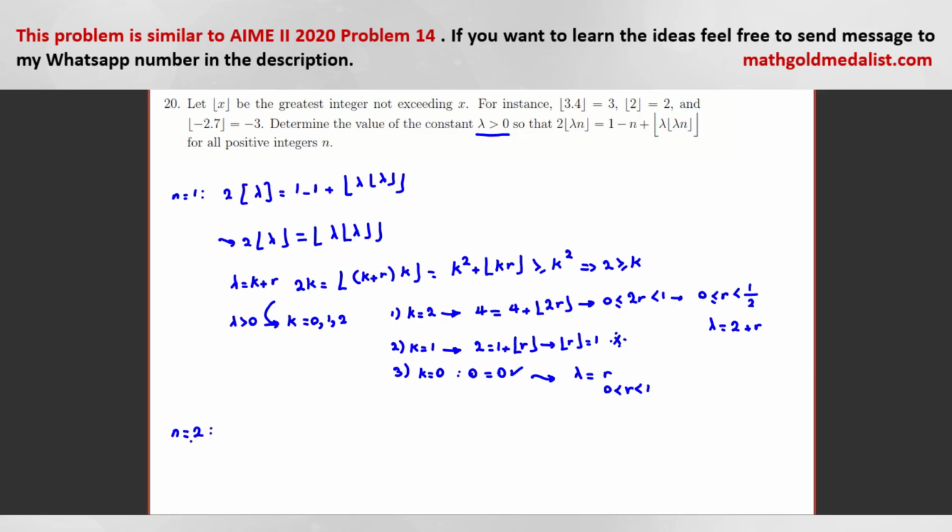So want to check n equals 2 first on your own to see can you reject one of them, or want to do it together or on your own? I can try on my own. Okay, sure, try.